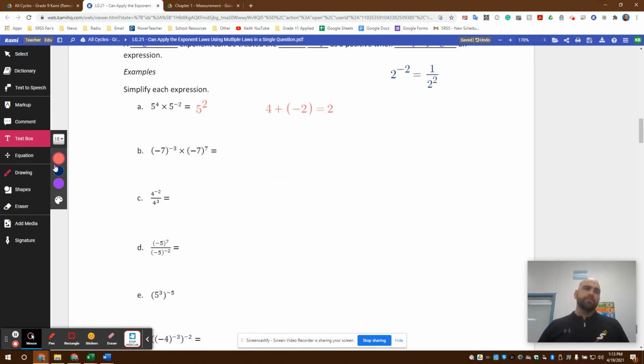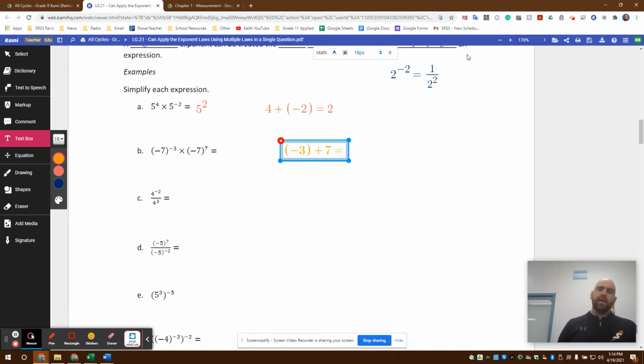In this case, we'll do another example right away here. We have negative 7 as our base in both cases. We have negative 3 and positive 7 as our exponents. So we're going to take the negative 3 and we're going to add 7. Now again, we have a positive 7, which is bigger than the negative 3. So we subtract 3 from the 7, and it's going to give us 4.